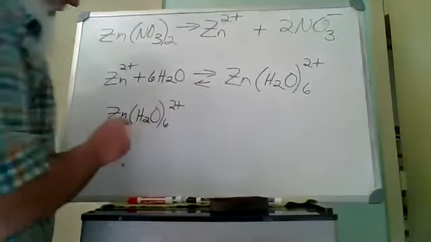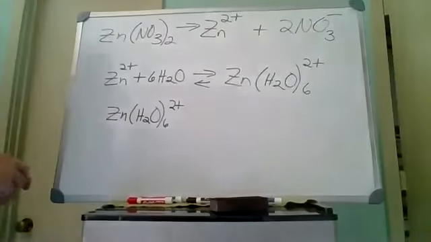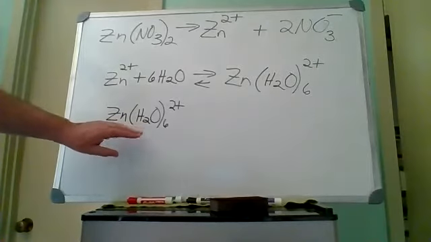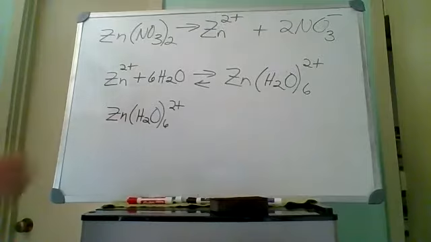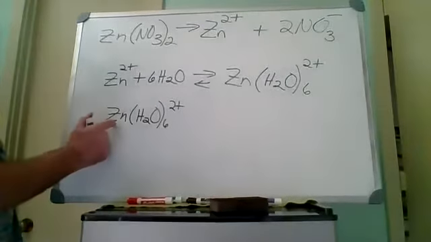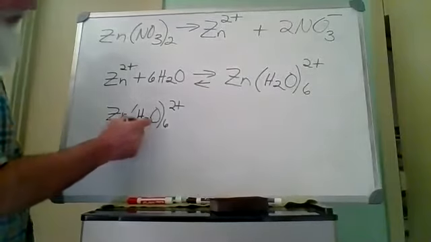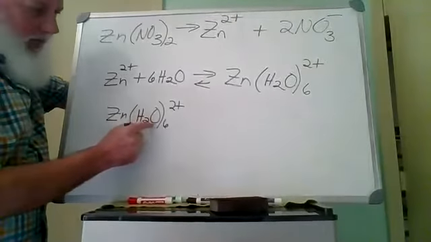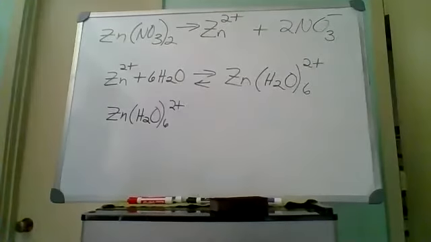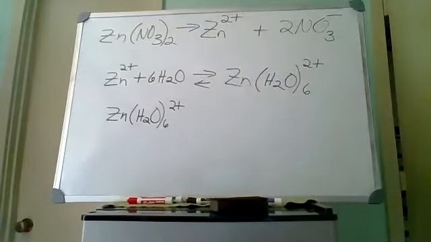Actually the zinc is positive. So when the complex ion forms, the negative ends of the water molecules point towards the zinc.